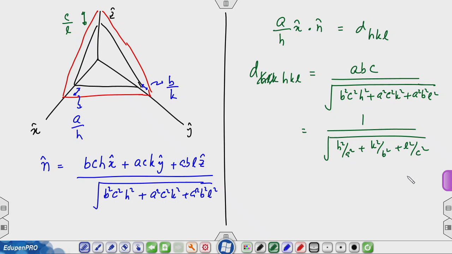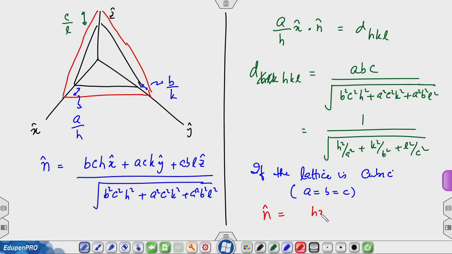Now, one more point I want to make here is that if the lattice is cubic, which means a equals b equals c, then the normal vector is going to be equal to h x plus k y plus l z times the normalization factor.